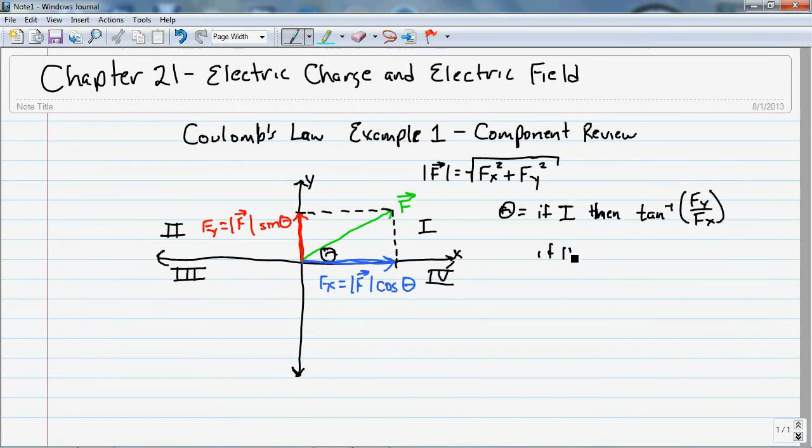If 2, then, well, in this case, I know that y is going to be positive.